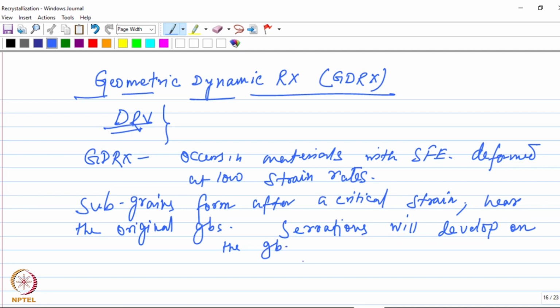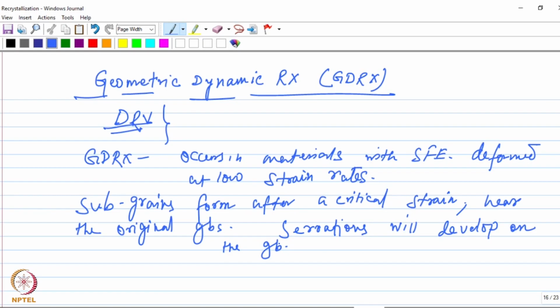And now how these grain boundaries will behave and how the new grains will form, that would depend on the kind of deformation given to the material and how the grains change with respect to that deformation. So how the shape of the grains will change, that will matter in this case.